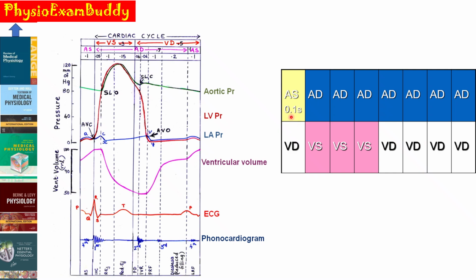Atrial systole occupies only 0.1 second, whereas atrial diastole occupies the remaining 0.7 second of the atrial cycle. The ventricular systole coincides with the atrial diastole and constitutes around 0.3 second, whereas the remaining 0.5 seconds is the ventricular diastole. This is what you are supposed to draw in the initial portion.